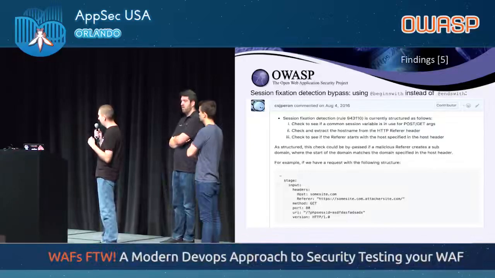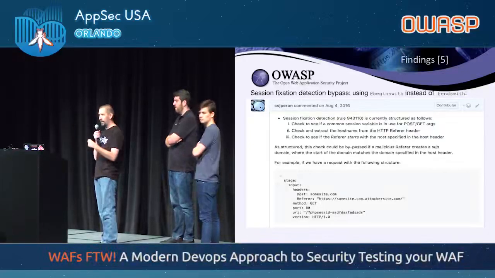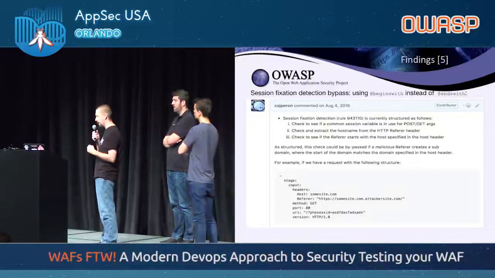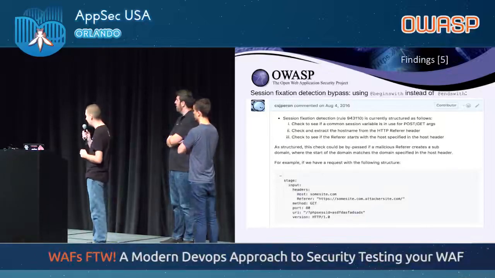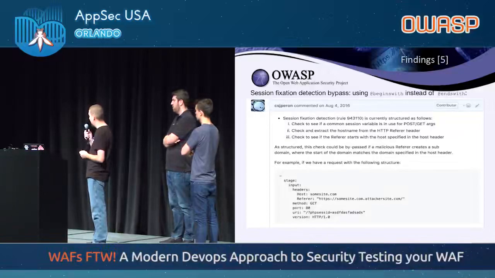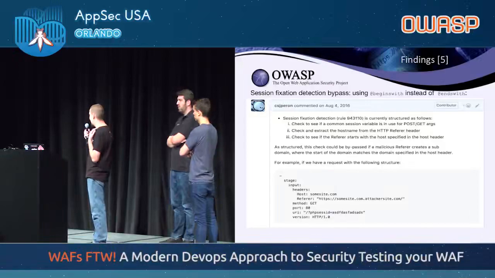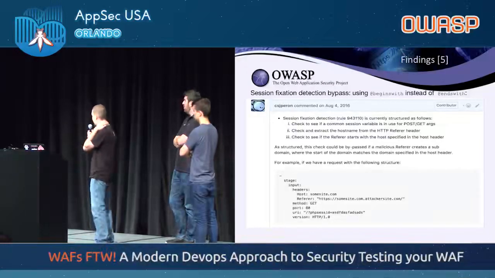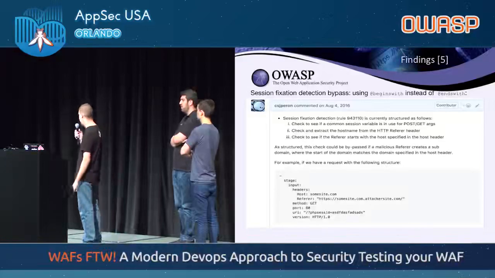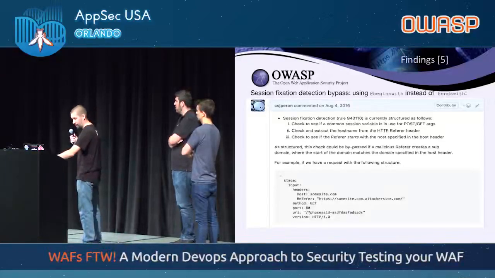If there is a different referer than the host, it could be an indicator of an off-domain referer, which could be a sign that there's a session hijack in place. But because we were using begins with, the attacker was able to bypass it by setting up a subdomain with the target's site. The fix for that was just to use ends with.